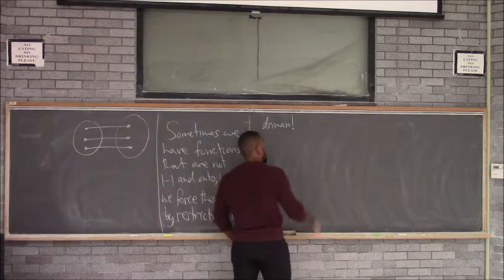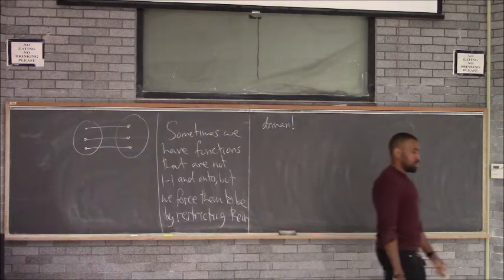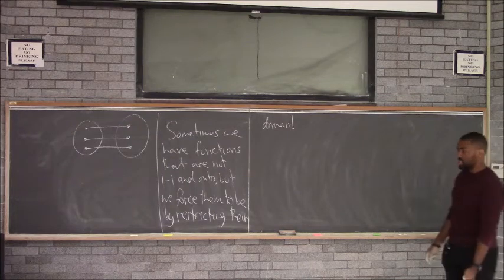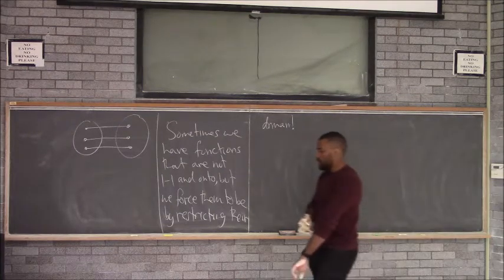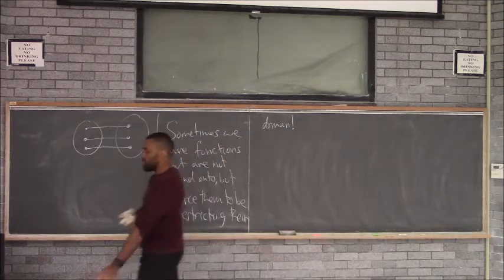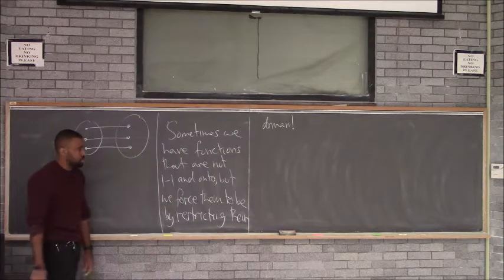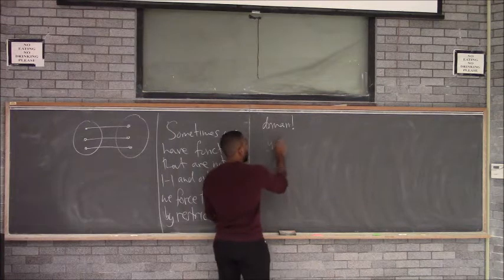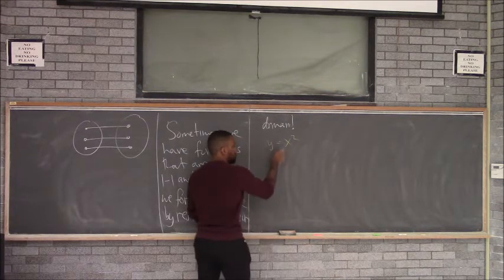So there's this idea of restricting the domain of a function. Pretty much if we look at a function in its entirety, it is not going to be invertible, but maybe you can cut off a little piece of that function that's going to be invertible. A couple of examples. We already saw that y equals x squared is not one-to-one, not onto.